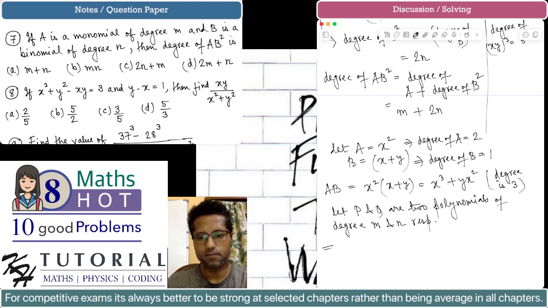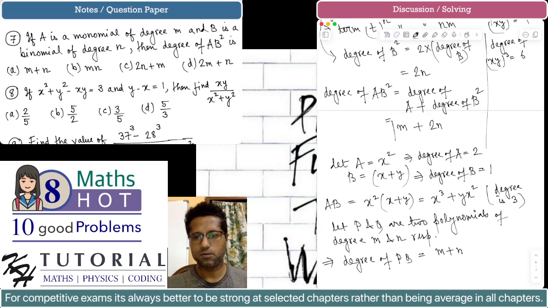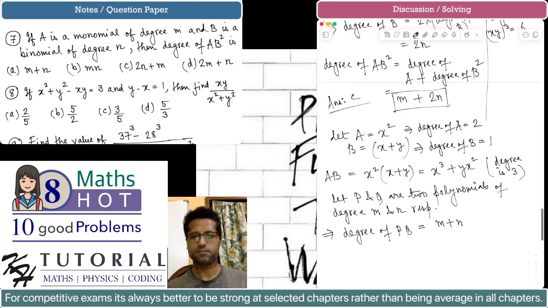This will imply degree of PQ will be equal to m plus n. So this is the concept. So for this problem, the degree of AB square will be m plus twice n, and hence the correct choice is C.